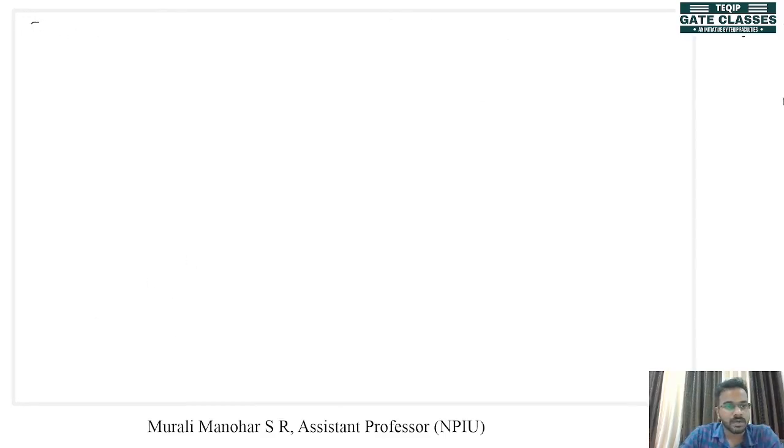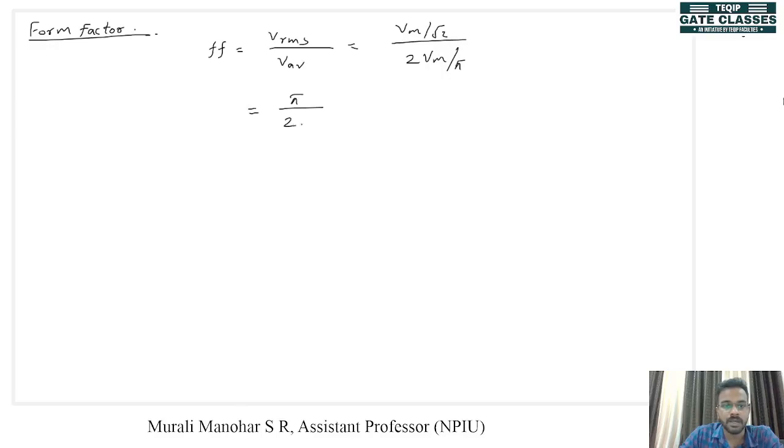Now we can find out the form factor. Form factor FF is given by Vrms divided by V average, which is Vm by root 2 divided by 2 Vm by pi. That will be pi by 2 root 2, and this value is 1.11.